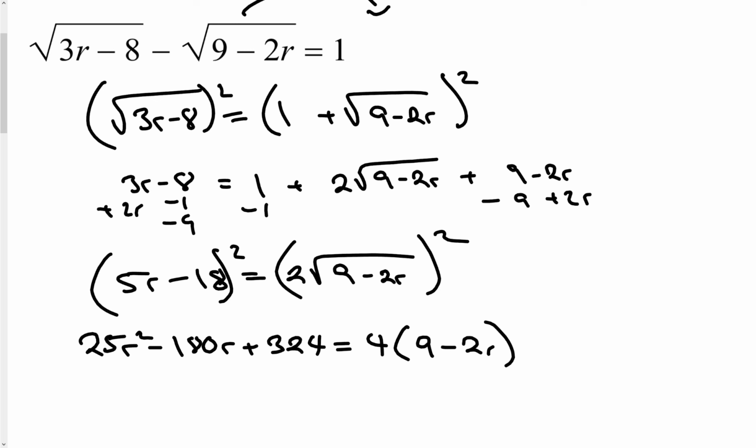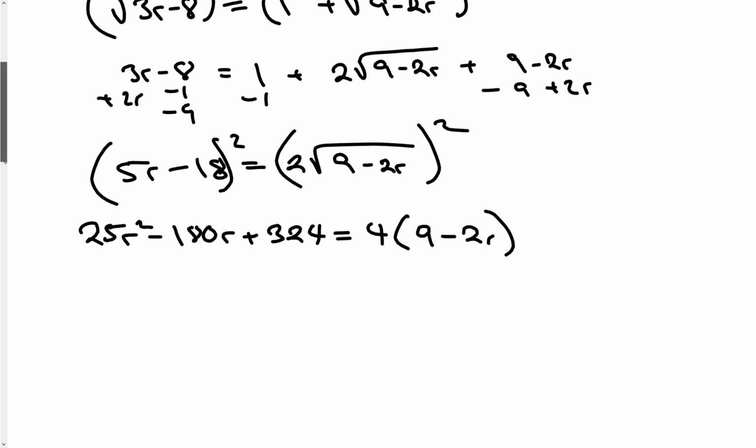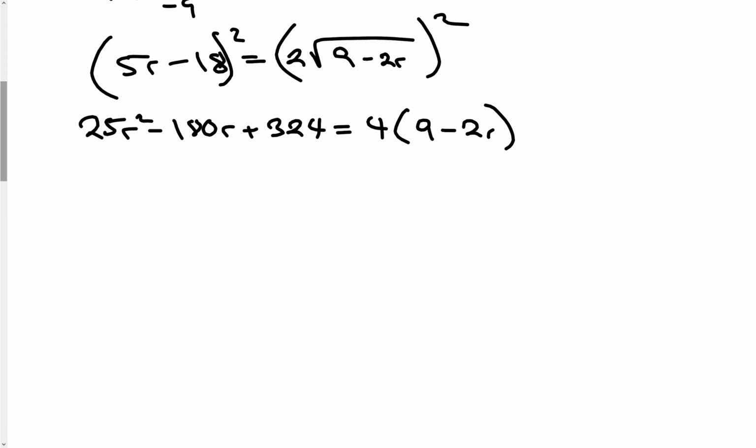Square the 2, square the square root, and the square root part goes away. Okay, so rewrite this: 25r squared minus 180r plus 324. 4 and 9 give me 36 minus 8r.